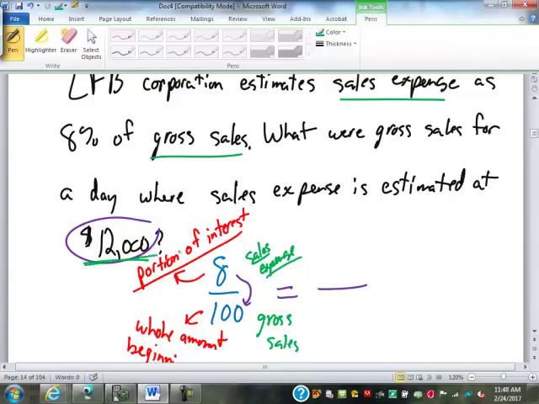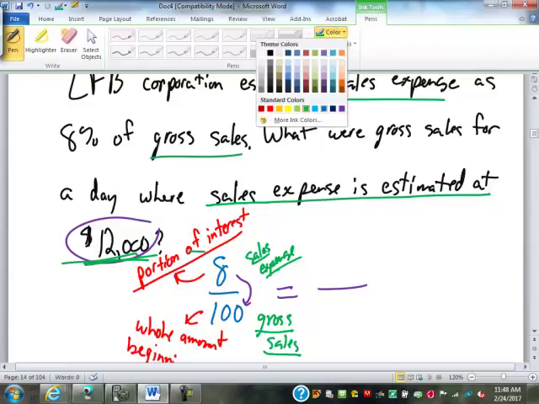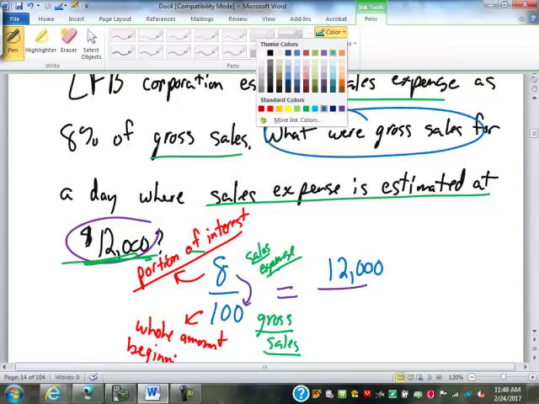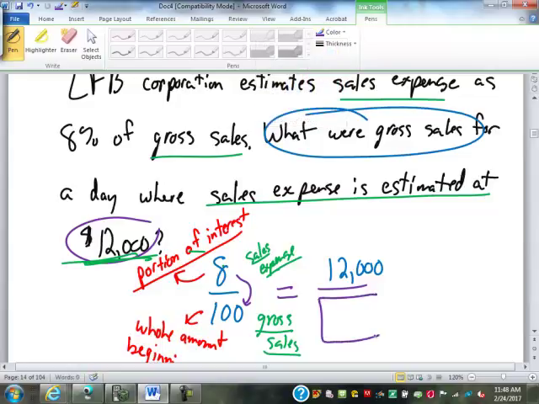So that $12,000 that we have here, does that represent the sales expense or the gross sales? Well, it says sales expense is estimated at $12,000. So that $12,000 represents the sales expense. That's what were the gross sales. So that's what we're looking for, is gross sales down here.